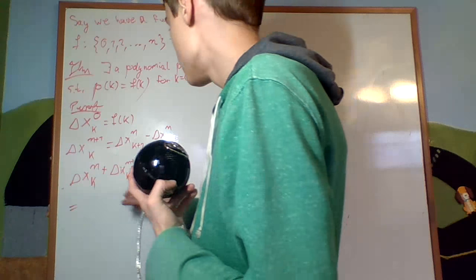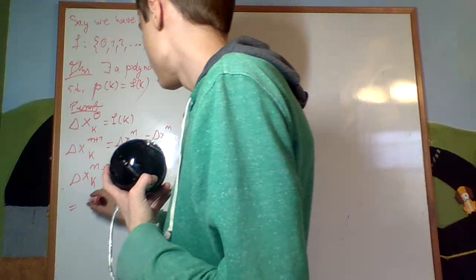That's going to be delta x to the n k plus, that right there is going to be delta x sub k plus 1 to the n minus delta x sub k to the n, right? From the definition. Those cancel out, and we just get delta x to the n k plus 1. That's an important fact. Very important fact.